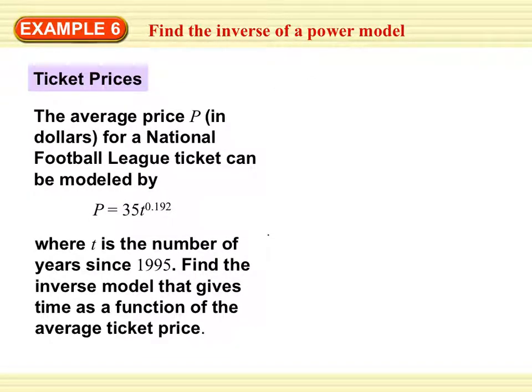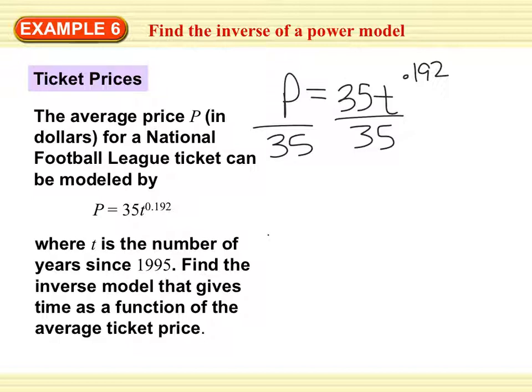The average price P in dollars for a National Football League ticket can be modeled by P equals 35T to the 0.192, where T is the number of years since 1995. Find the inverse model that gives time as a function of the average ticket price. So if I have P equals 35t to the 0.192, I can divide both sides by 35.